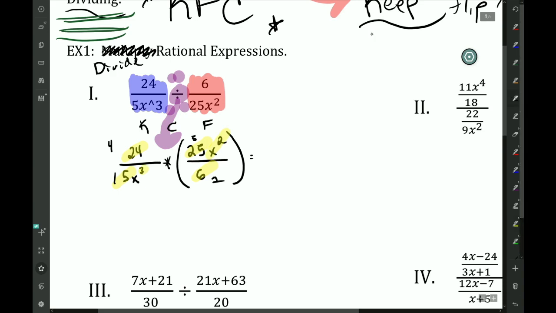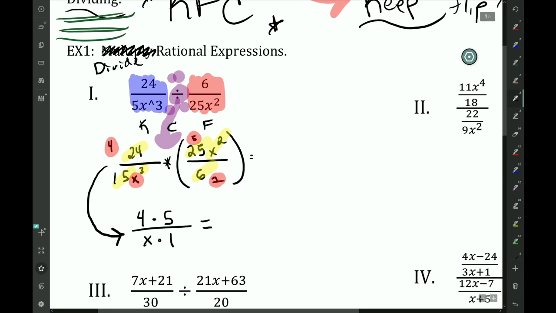So just pay attention to what all is left. Let me highlight everything. 4 is left, 1x is left, and a 1 essentially, and a 5. So I have 4 times 5 over x times 1. The answer would essentially be 20 over x.